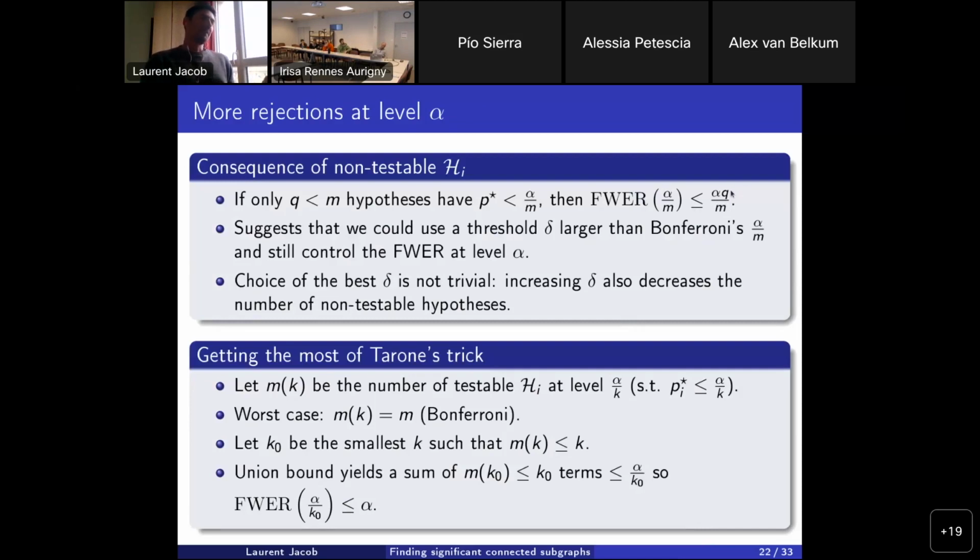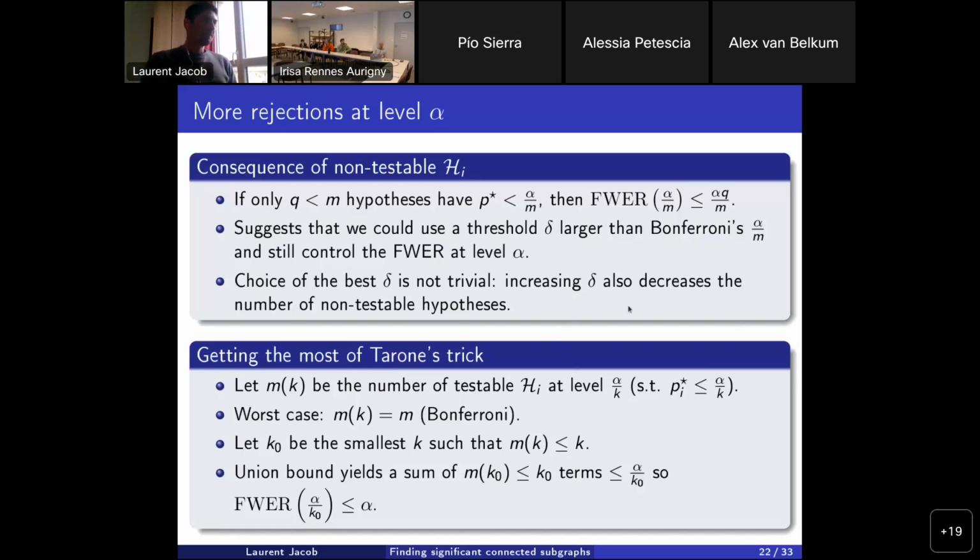So this is suggesting that we are controlling at a better level than what we wanted to. And it's also suggesting that we could actually use a larger threshold. We could reject more and still control at the level alpha in the end. We don't have to use this very stringent Bonferroni threshold.